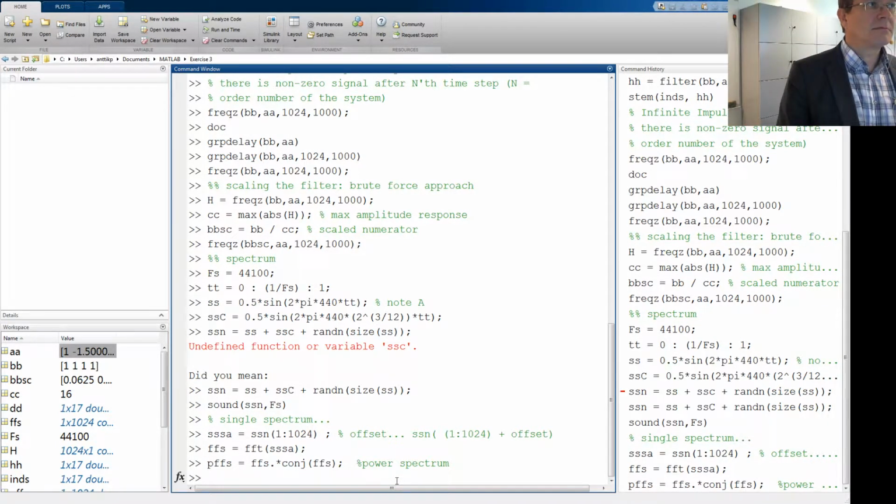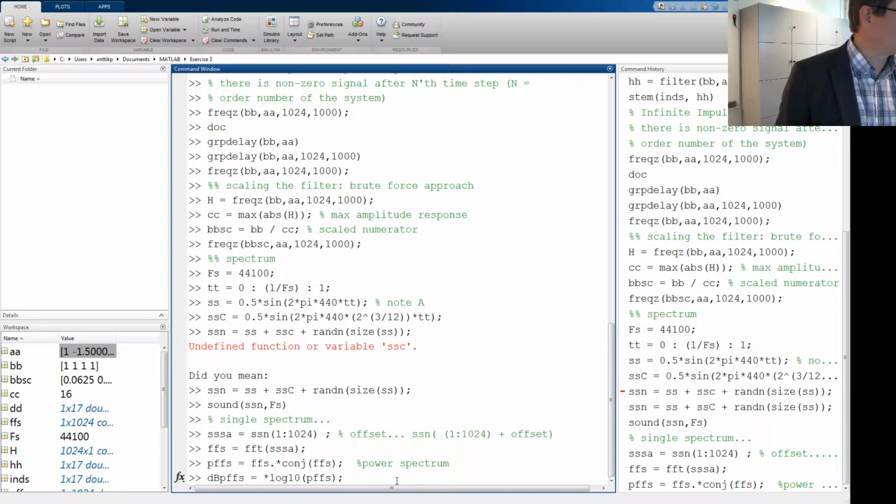All right, not yet. When you plot it, it has to be in dB. So how do I multiply this one? It will be inside of log, of course. So log 10 of PFFS, but what is the multiplier? 10 or 20?